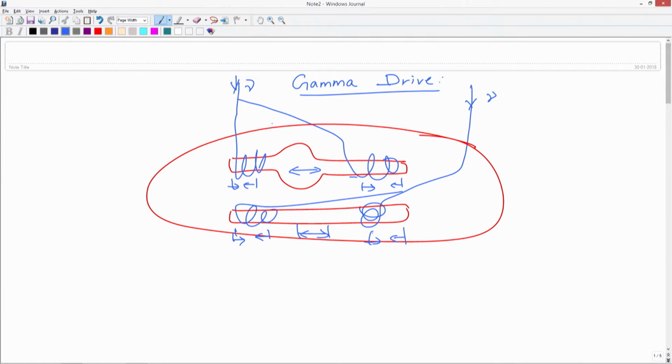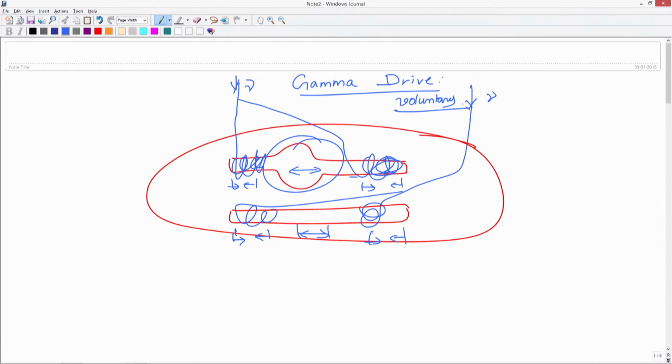So, now the gamma motor drive is also working. When it is working, this is getting stretched and this is also getting stretched. Okay. So, when this is getting stretched, the center part is actually maintaining its same length in the voluntary conditions. So, this is only for the voluntary conditions.